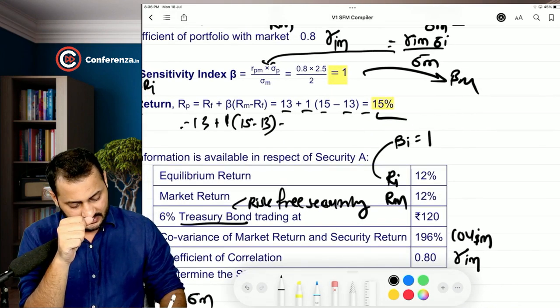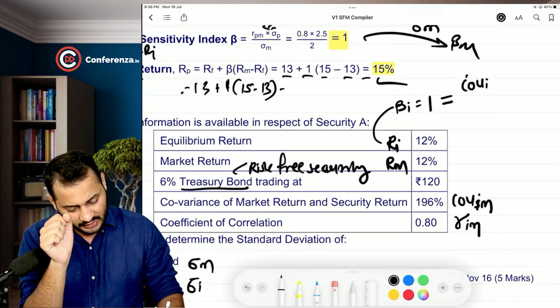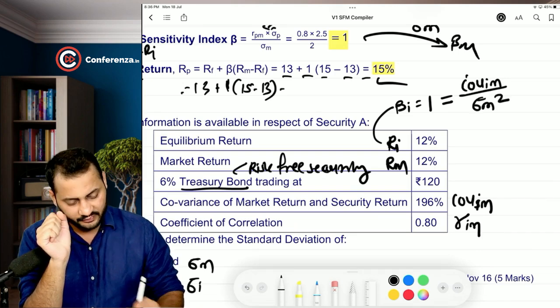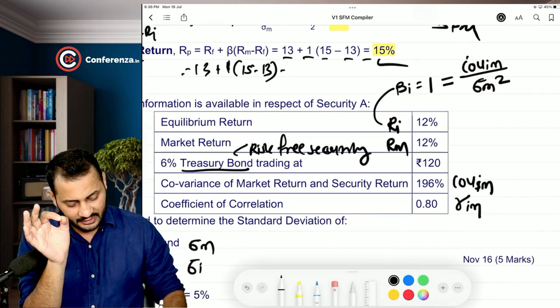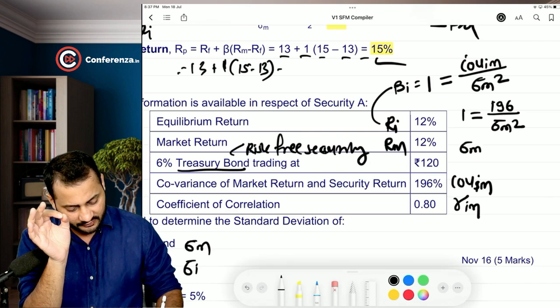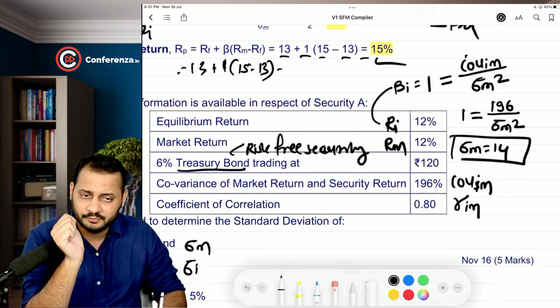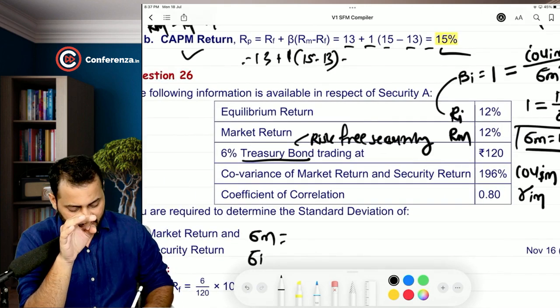Since the beta is 1 and the formula for beta is covariance of IM divided by standard deviation of M square, we can easily calculate: 1 is equal to 196 divided by standard deviation of M square. Put a square root on 196 and you will get the answer. So the market standard deviation is 14.